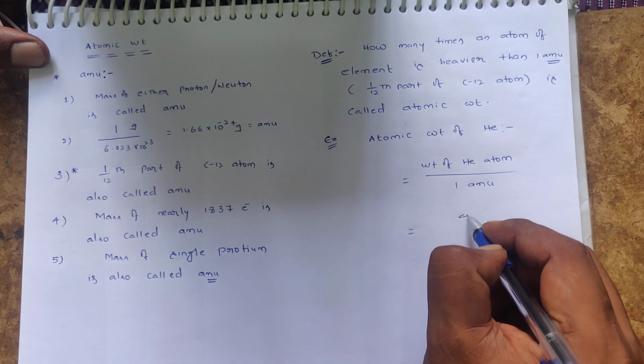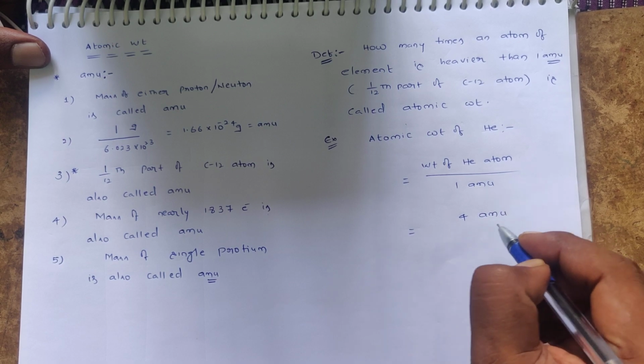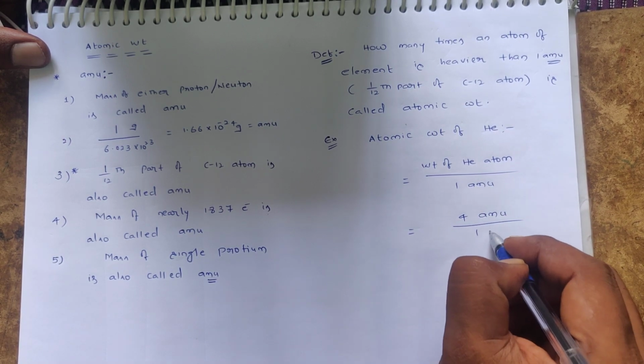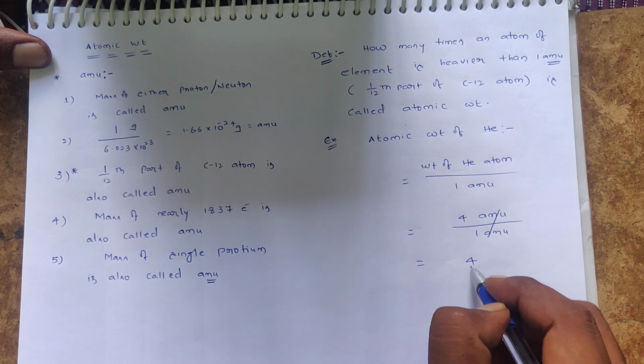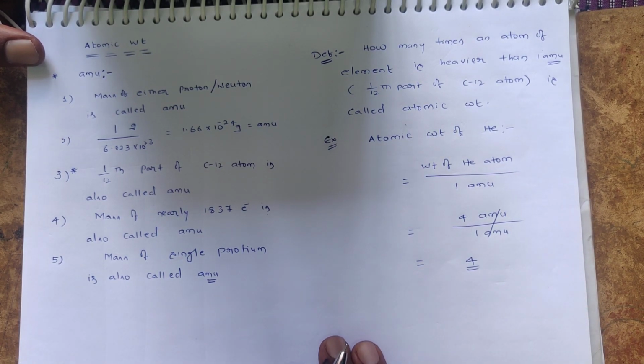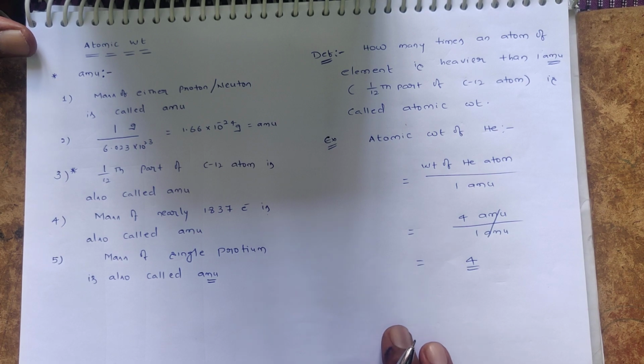Here, weight of helium atom is 4 AMU. Divide with 1 AMU. AMU gets cancelled. So what is remaining? 4. So it indicates that helium is 4 times heavier than 1 AMU, that is 1/12th part of C12 atom. Therefore, atomic weight of helium is considered as 4.